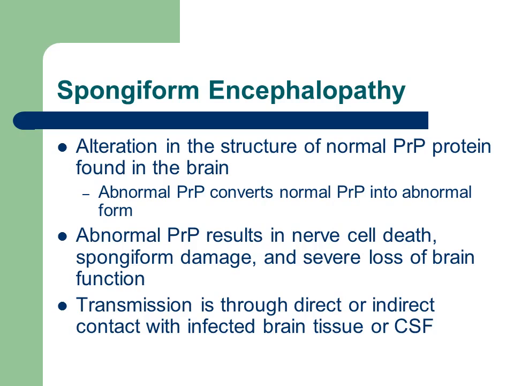So you get nerve cell death, you get these holes almost, this sponge-like, spongiform damage to the brain and loss of brain function. Transmission is through direct and indirect contact with infected brain tissue.